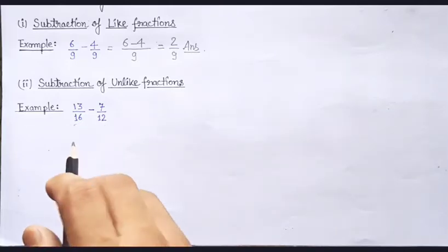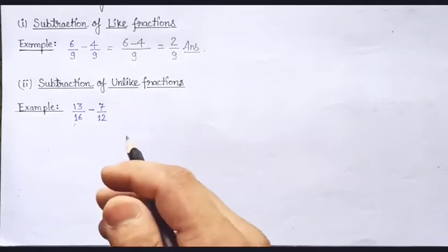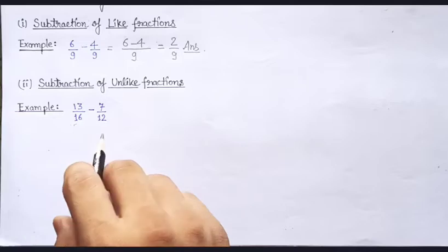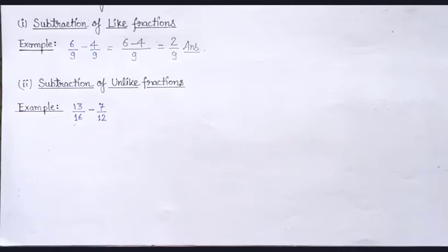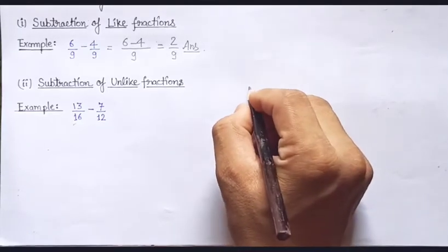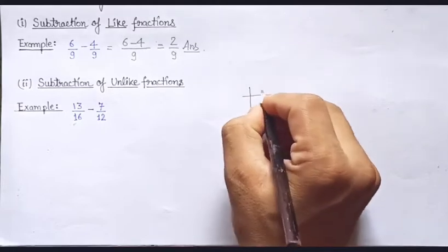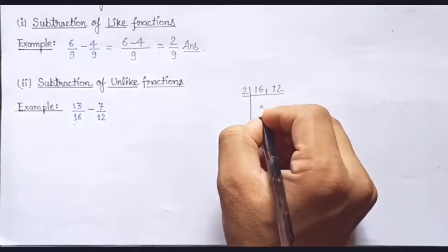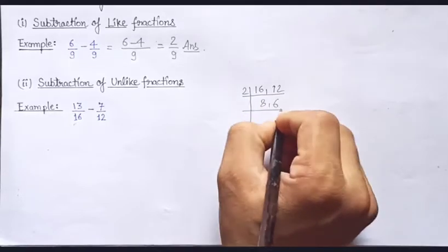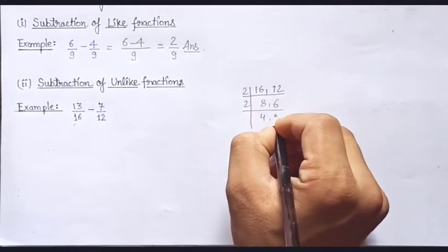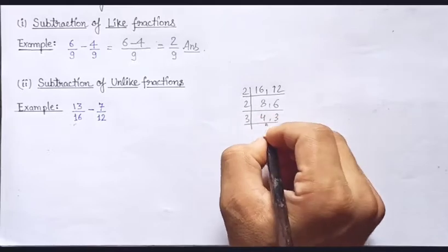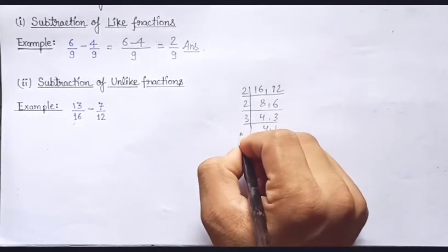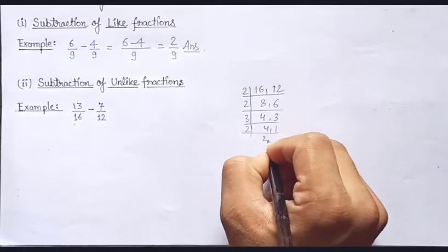So first we have to convert these two given fractions into like fractions, and in order to do that we have to take the LCM of the denominators. So let us see the LCM of 16 and 12. Dividing by 2 repeatedly, we get 4, 3, then 4, 1 and 2.